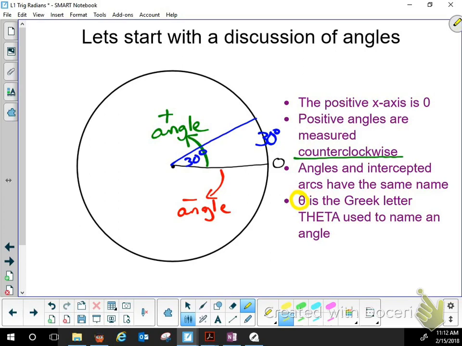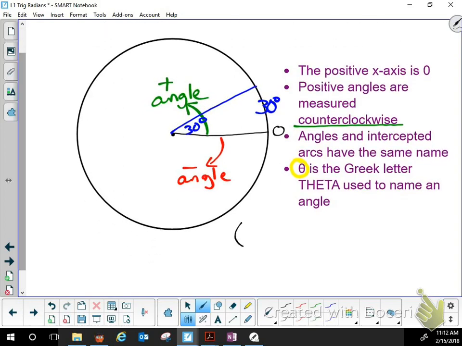It is the Greek letter theta. It's what we use to name the angle. Depending on how fast I'm writing, my thetas can look different ways, more often like that. So when you ask me what that thing is that I wrote, it's a theta.